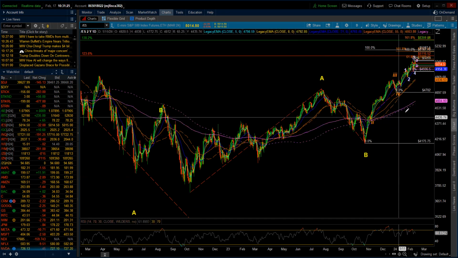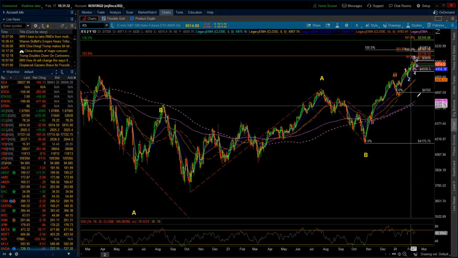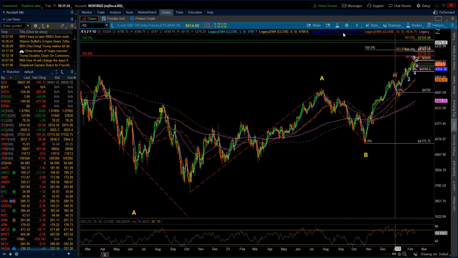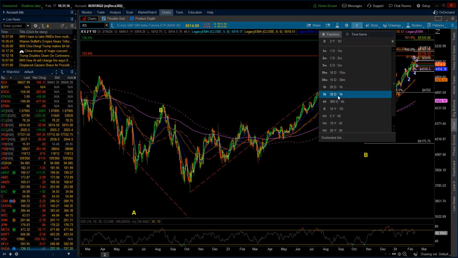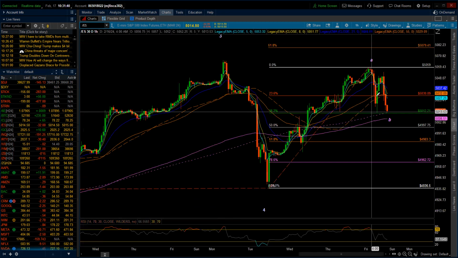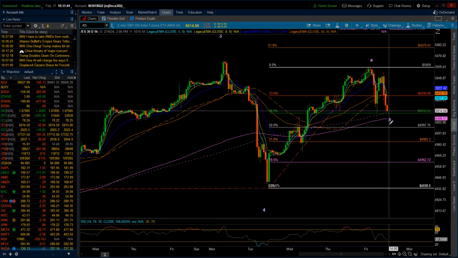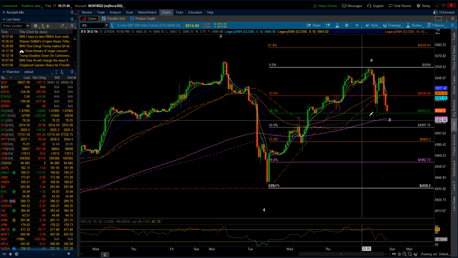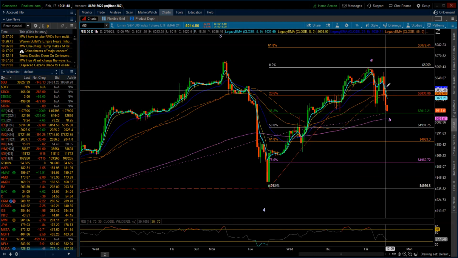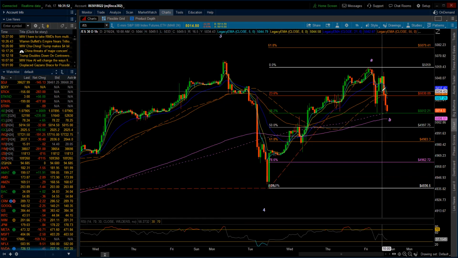So you can see the 200s, both the exponential and the simple, everything is heading higher. I'm going to bring it all the way down here. They get a little mixed up in there, but they're acknowledging this selling, but still remain in line to go up all the way.